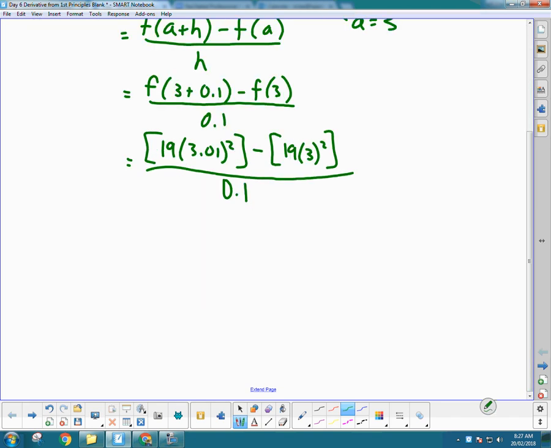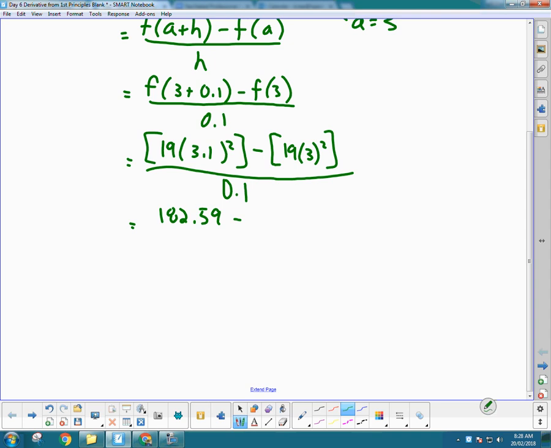So if we plug in 3.1 into our equation and figure out the corresponding y value, we square it, then multiply by 19, we're going to get 182.59.